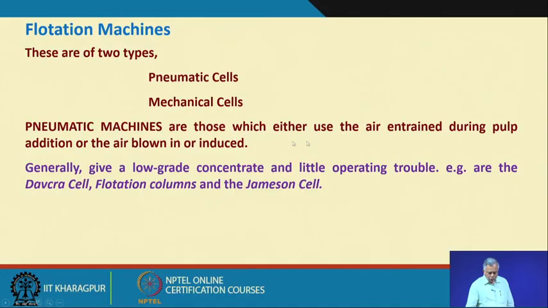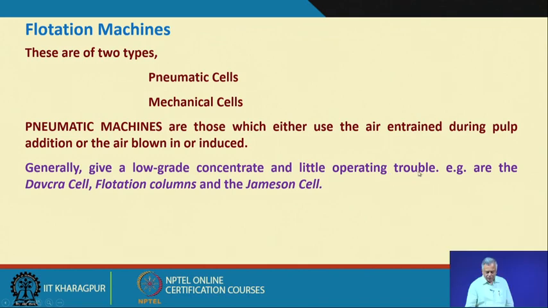So, pneumatic machines are those which either use the air entrained during pulp addition, or the air blown in, or induced. That means, the pneumatic machines either use the air entrained during the pulp addition, because you will be having some entrained air, or artificially you are blowing the air in, or maybe the air can be induced.